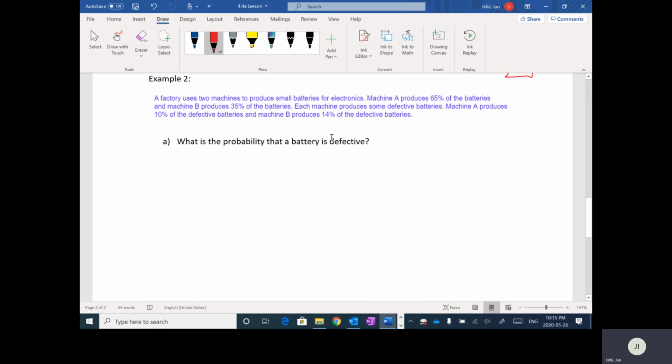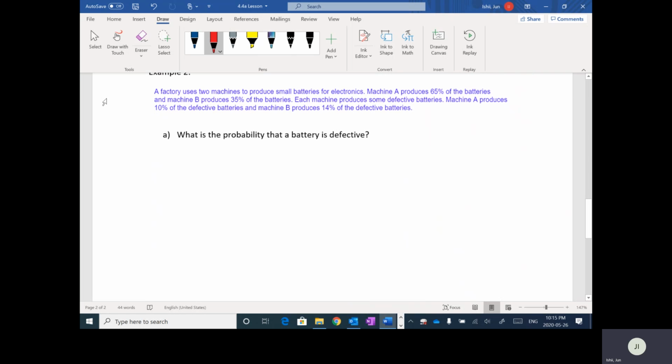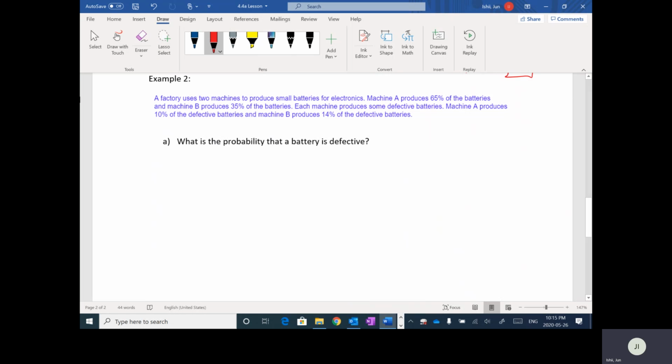There are a lot of numbers being floated around here. What we have to do with these types of questions is make a tree diagram, just like what we did in the last lesson. First, we split it up.